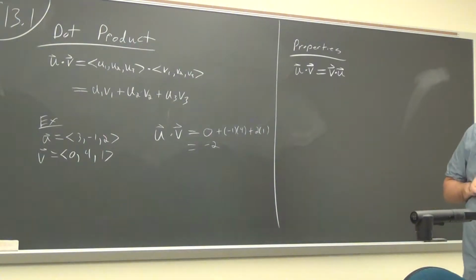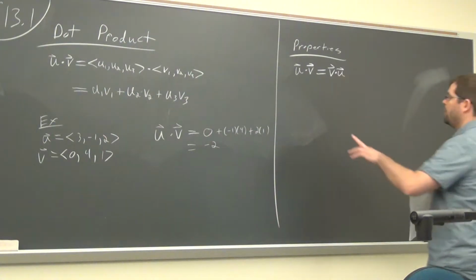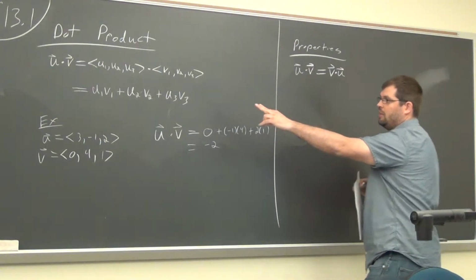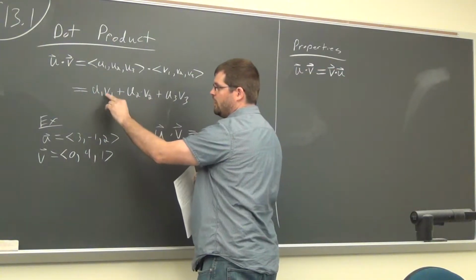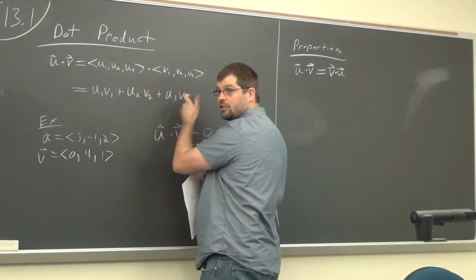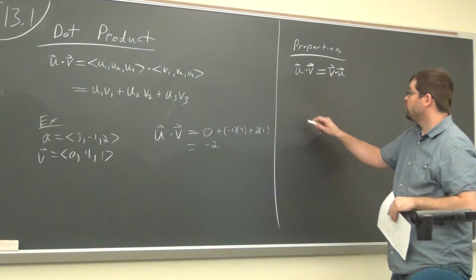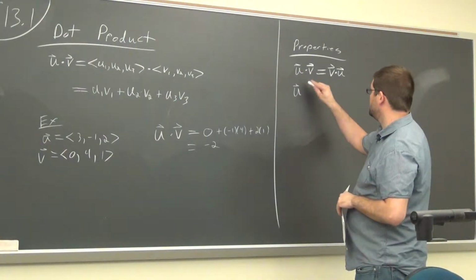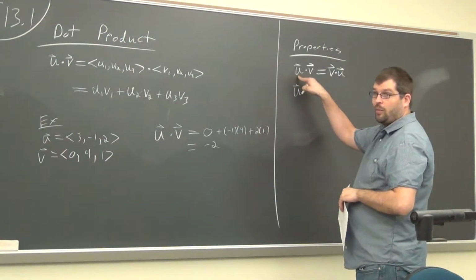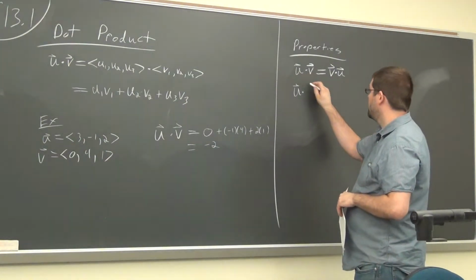Let's just deal with the dot product here. Multiplication is commutative: u1 times v1 is the same as v1 times u1 and so on. So if you move these to the other side, you'll get the same thing. So this is a commutative property. It commutes the dot product.